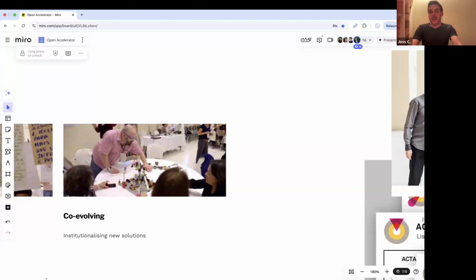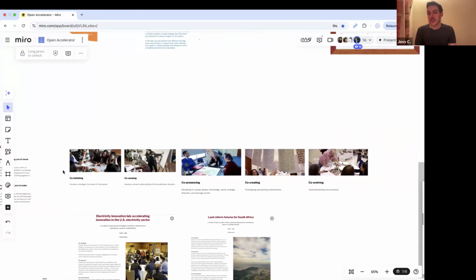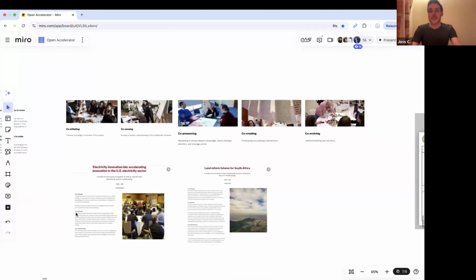So they run a lot of convenings and workshops and labs for different actors to work through this process.